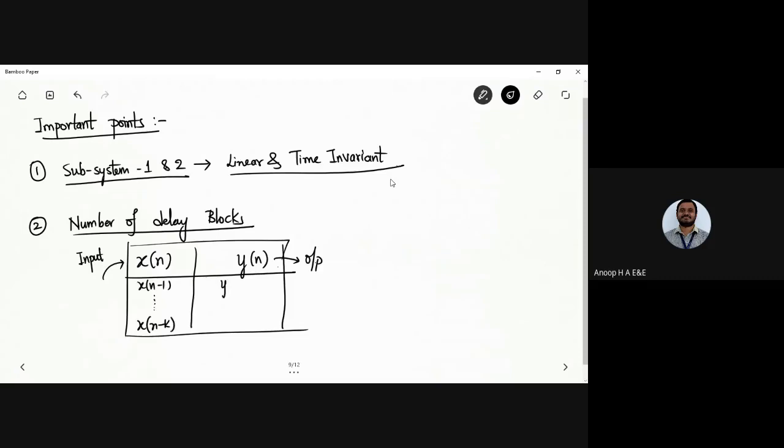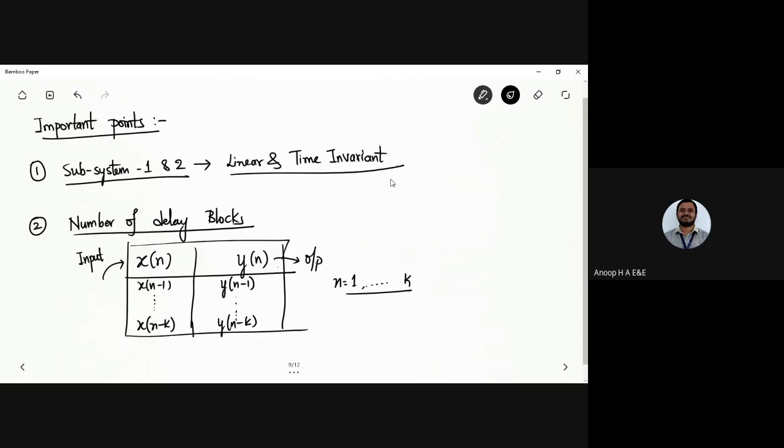In the same way, for the output I can have y of n minus 1, where one delay block is used, up to y of n minus k. Any number of delay blocks can be used, like 2, 3, 4.